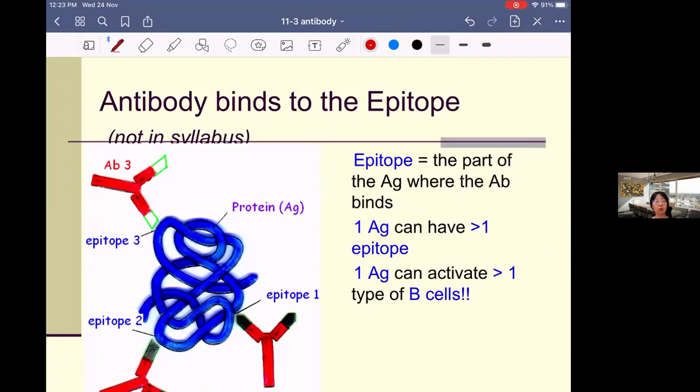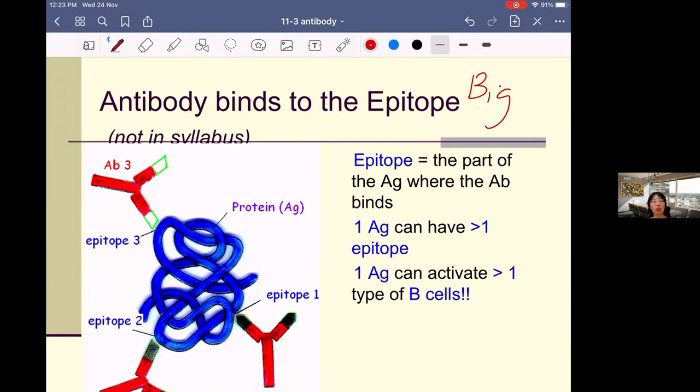Now, this is not in the syllabus, but it's for you to realize something. Remember we said that an antigen is any big molecule. The keyword is big. It is any big molecule that can be recognized by our immune system as non-self or foreign, and therefore activates an immune response.